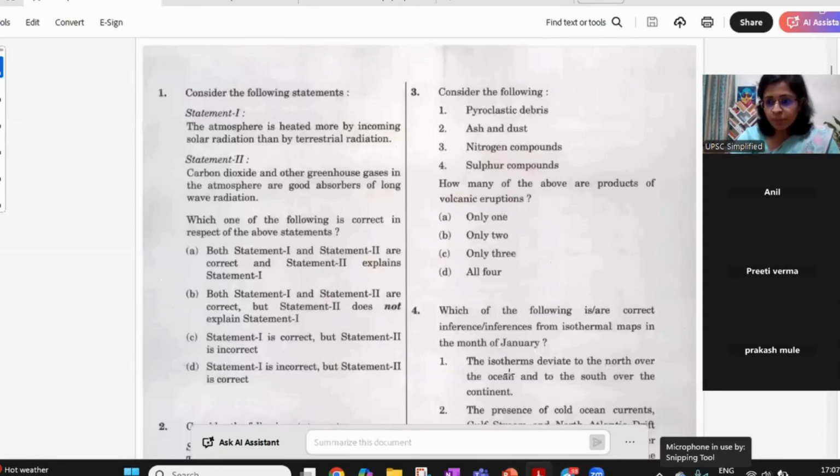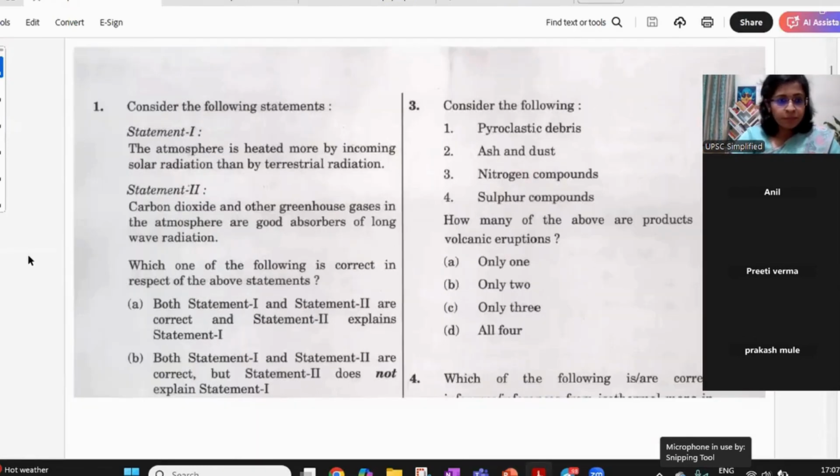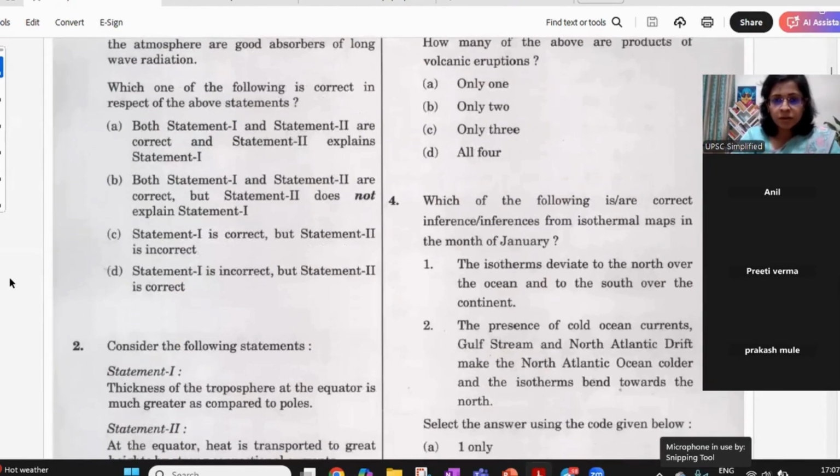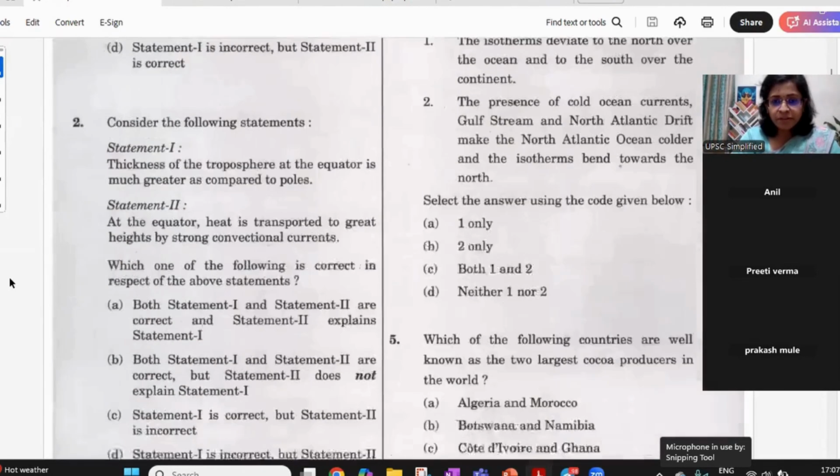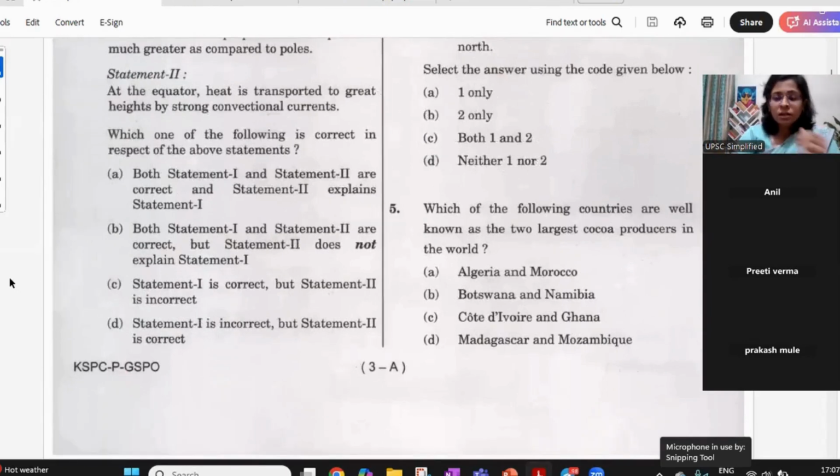So this is the 2024 paper. Can we see question number 5? This was a purely objective question, and some students knew it, some did not. Which of the following countries are well known as the 2 largest cocoa producers in the world? If somebody knows it, it is a very easy question.